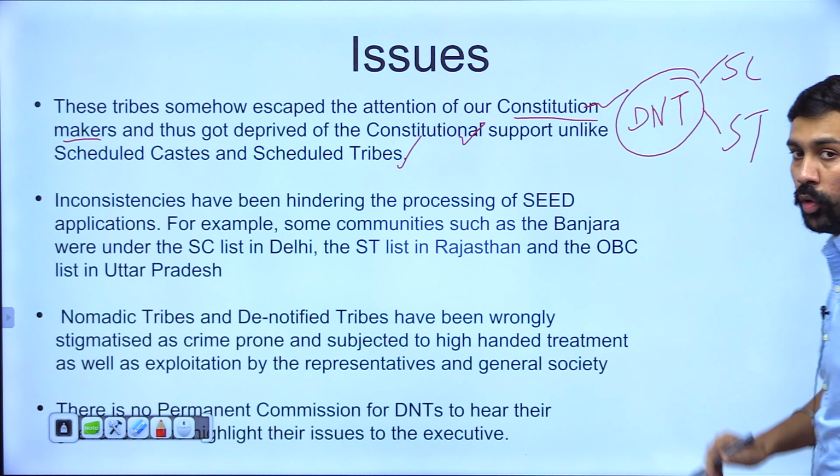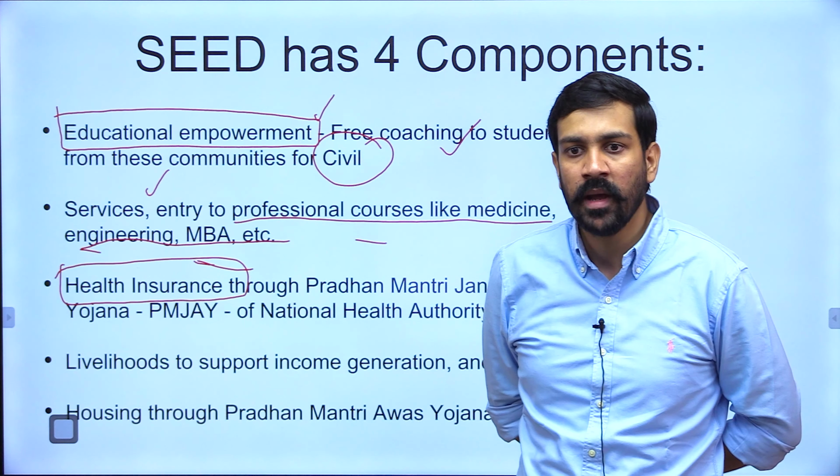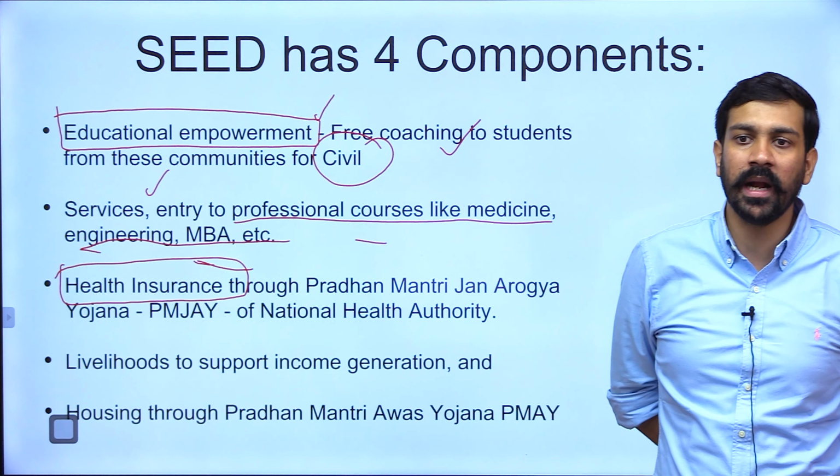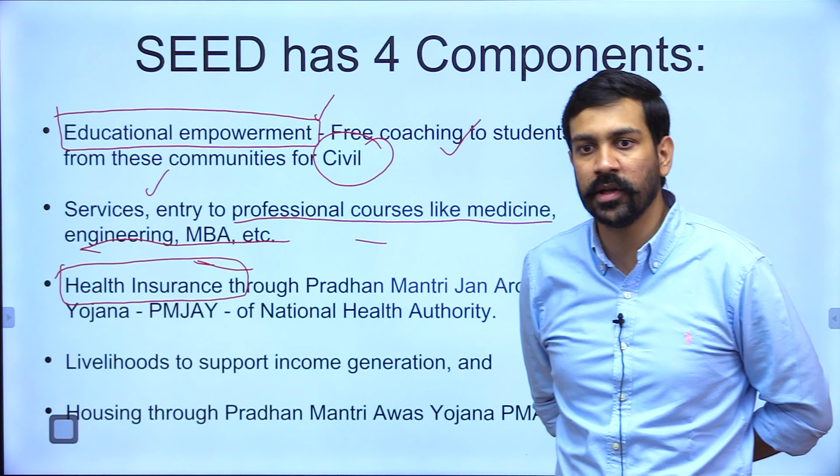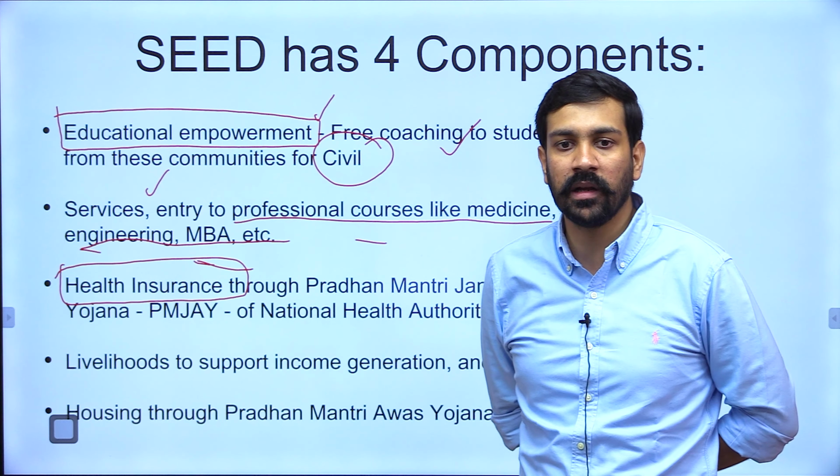Next benefit is under health insurance. The government aims to improve their health indicators, because already they are poor and economically backward. They do not have access to health infrastructure, and the government aims at extending the health infrastructure to improve their health indicators.